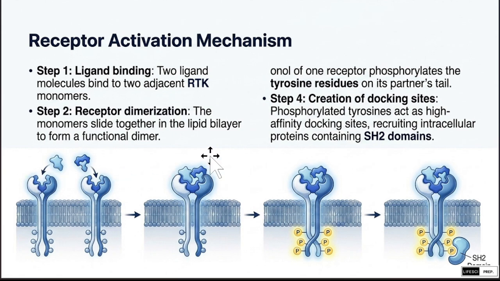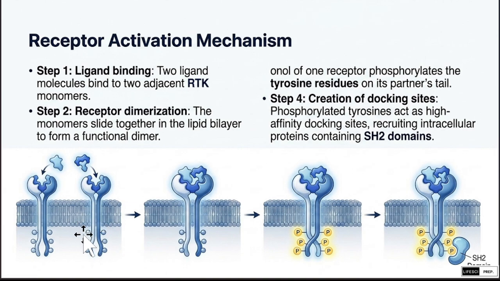Here, how does the receptor activate? When the ligand binds to two RTK monomers, step 2 begins, where the monomers come together and form a dimer.